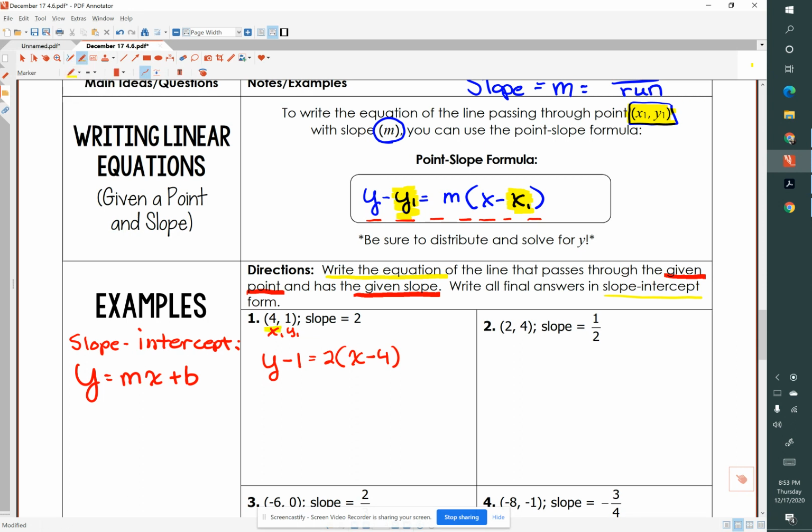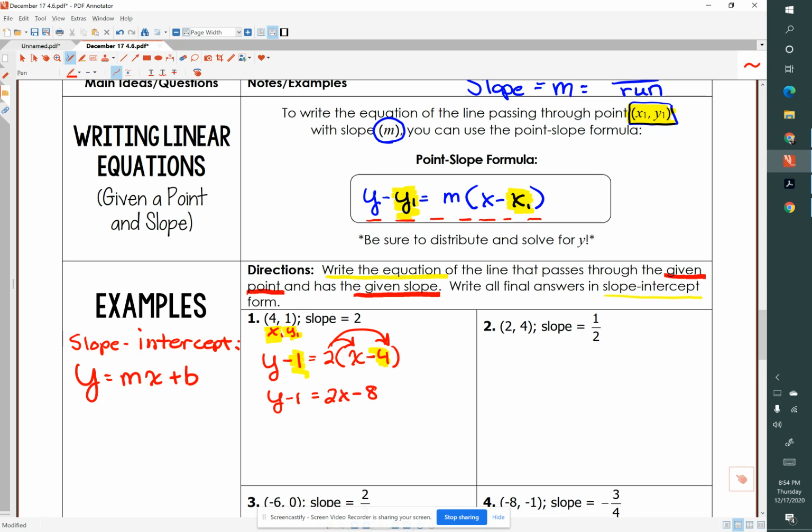Our x value, x sub 1, we substituted right here, and our y value, the 1, we substituted right there. So from that point, first we distribute. When you have a problem like this, the first thing you want to do is distribute. So that gives us y minus 1 equals 2x minus 8.